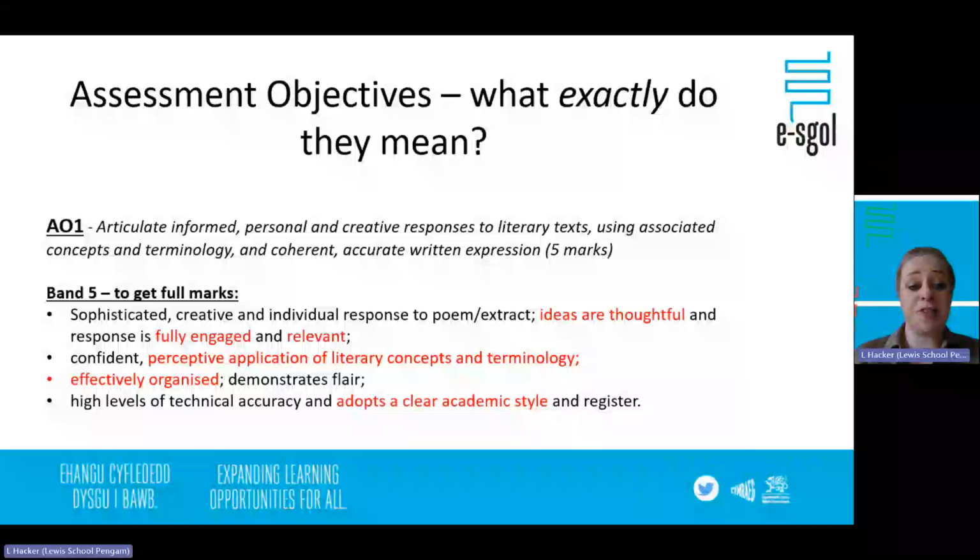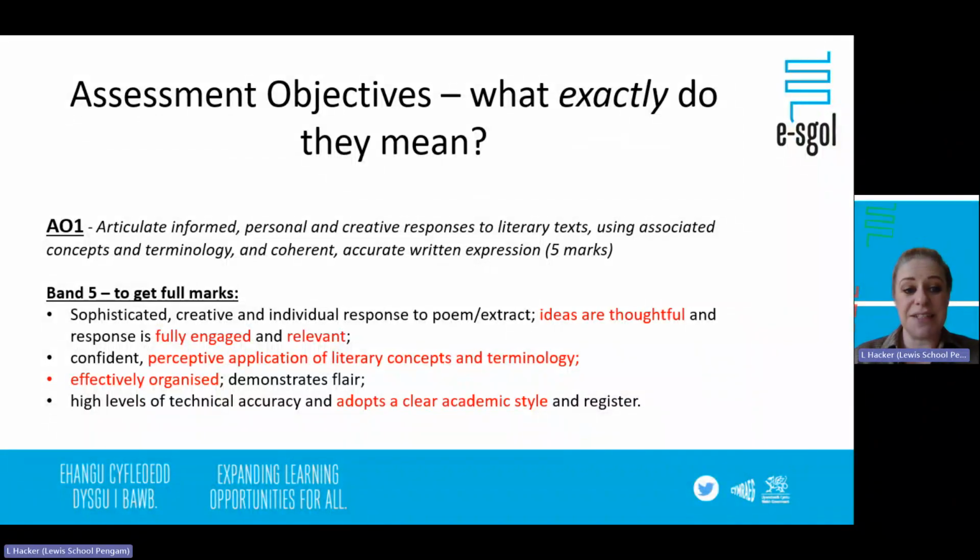A band 5 response shows sophisticated, creative and individual response to the poem or extract. Your ideas are thoughtful and your response is fully engaged and relevant. So you are fully engaged in the question at all times. Every piece of information that you write down is relevant to the question.